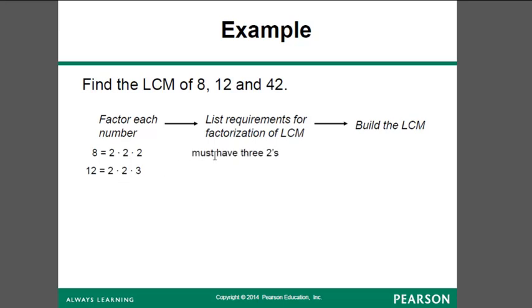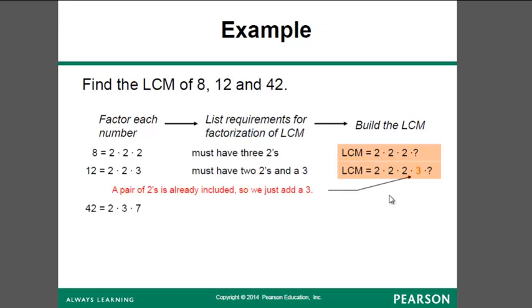The 8 requires that the LCM have at least 3 2's. So whenever I build the LCM it's going to have 3 2's. The 12 says that I must have at least 2 2's and a 3. Well, according to my 8, I already have at least 2 2's, so I need to add a 3.